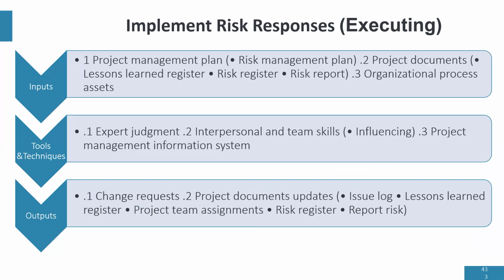That's all this is about. Implementing risk response is following your plan, because you've already anticipated all the risks that could happen in your project. You look at who you've assigned to respond to the risk and the risk response, and when those risks start happening, you already have a plan.